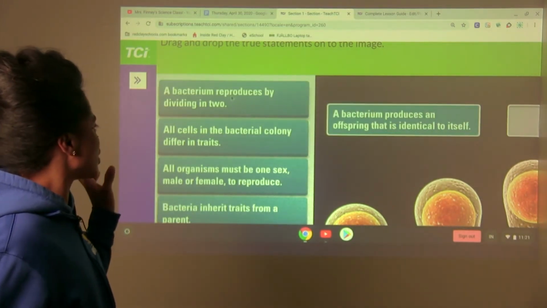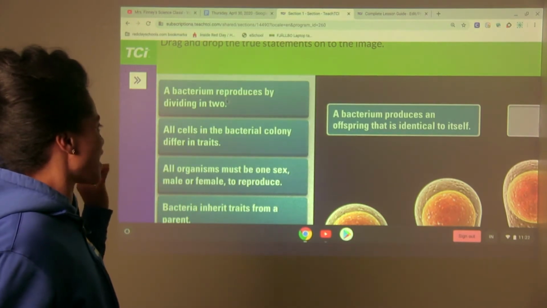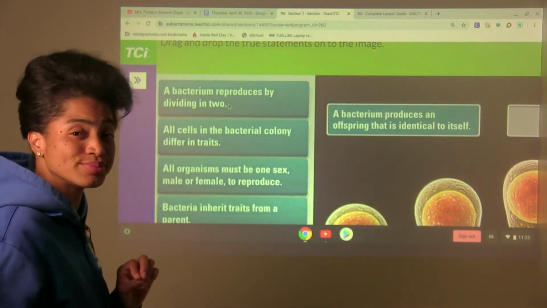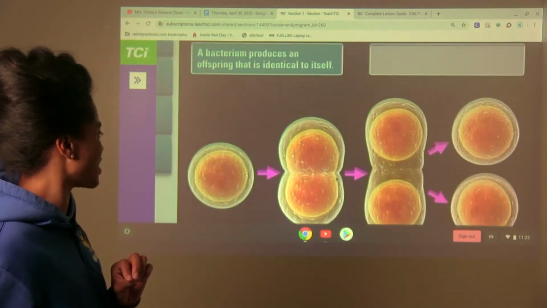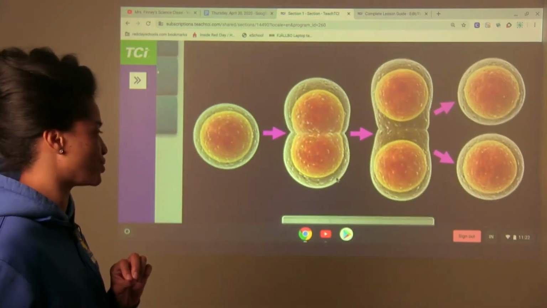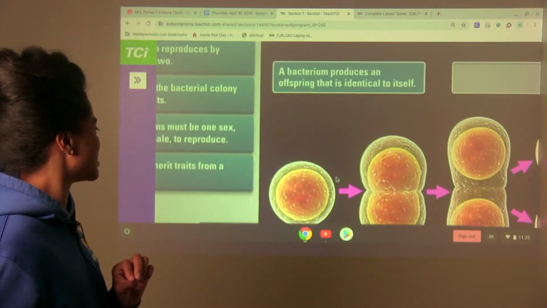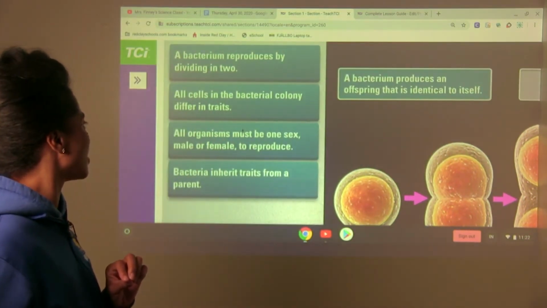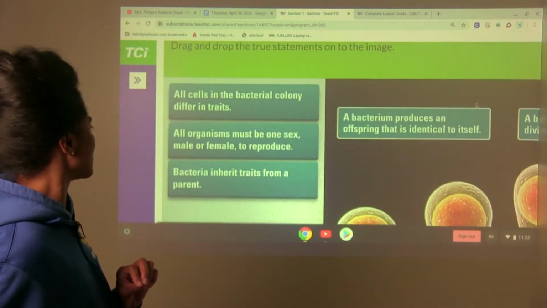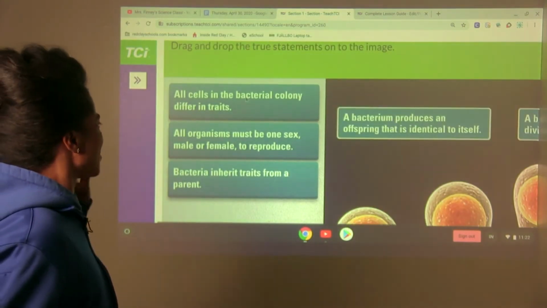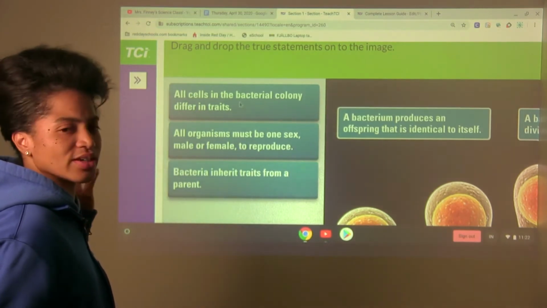A bacterium reproduces by dividing in two. Yay, nay? See how many slots we have here. 3 true statements. Okay, you want to pull that one too? All right, here we go. All cells in the bacterial colony differ in traits.